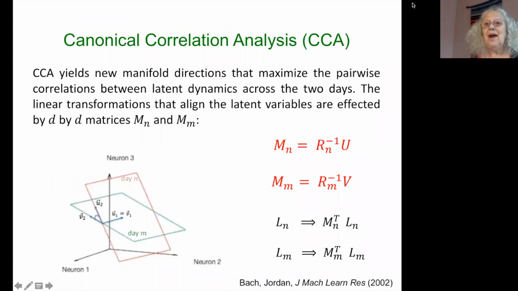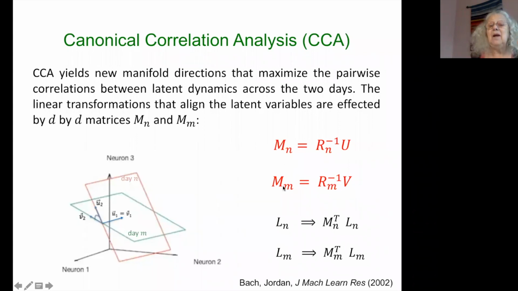So now what we have is these new manifold directions that maximize the pairwise correlation between latent dynamics across the 2 days. And because we have U for day n and V for day m, we can create new matrices that affect these correlations by scrambling them again in the way that had been unscrambled by using the matrix R. So the U's and the V's are orthonormal representations. The R's are triangular matrices that are going to mix them up.